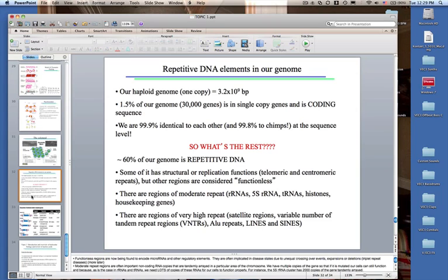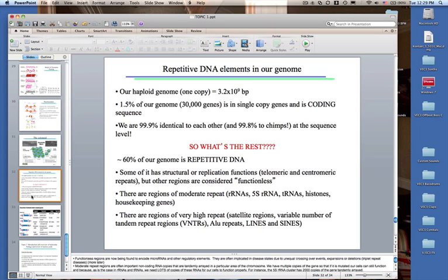Anyways, okay, so what are satellites, VNTRs, Alu sequences, all of these things that are highly repetitive sequences? These guys can have a lot of different things that are associated with them. So what we call satellite regions, I can't really think of an analogy, so I'm not going to try.